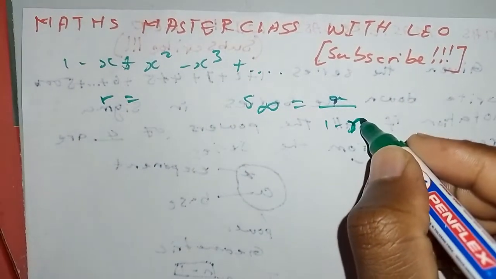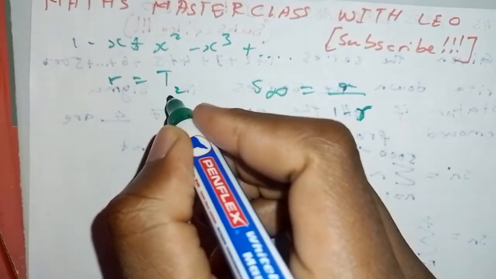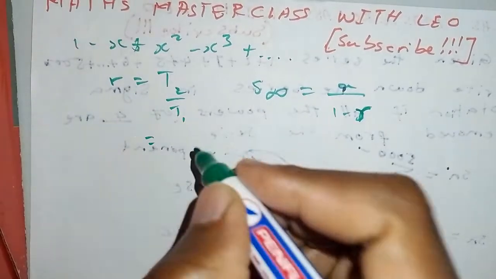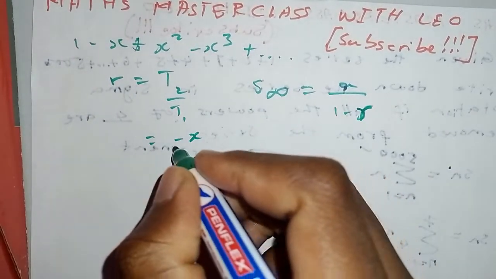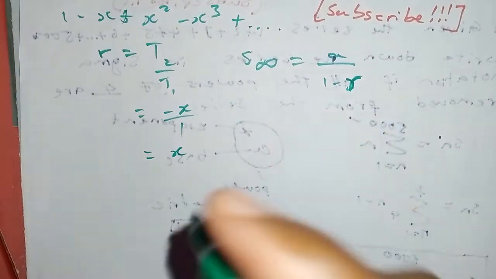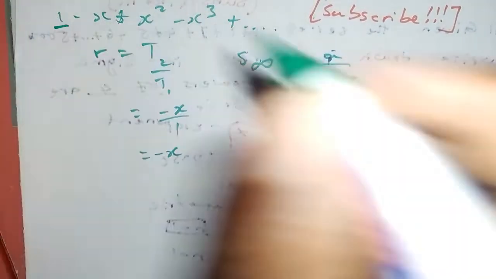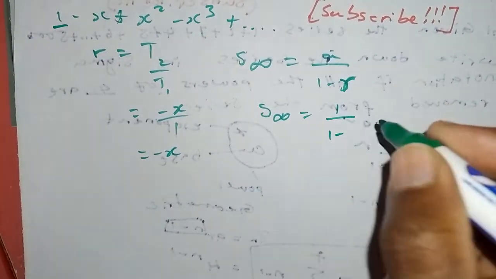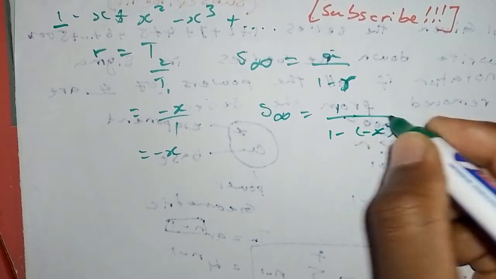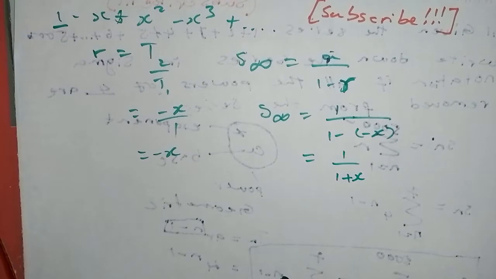Now, r is t2 over t1. What is my t2? Negative x. What is my t1? It's 1. Therefore, r is negative x. And then the sum to infinity is equal to the first term, 1, over 1 minus negative x. Then I'm going to have 1 over 1 plus x, right?